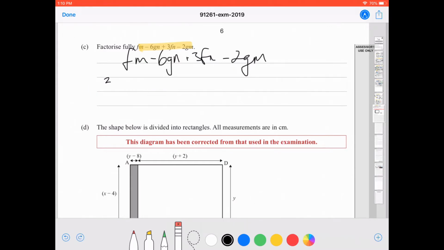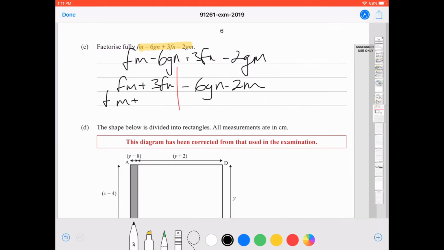Okay, and so we're going to be using the same principles, but if I wanted to factorize the left-hand side, fm minus 6gn, well, there's no common factors here, so we have to rearrange. And we're going to rearrange like this, fm plus 3fn minus 6gn minus 2gm. And now we've got some common factors. So looking at our left-hand side, or the first 2 terms, common factor of f, and then m plus 3n inside the brackets.